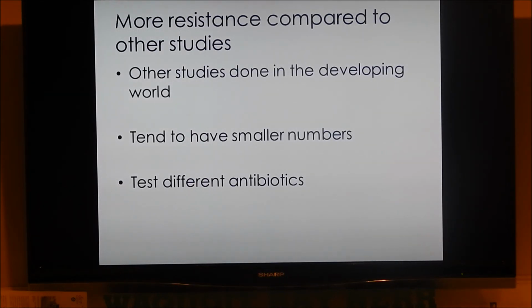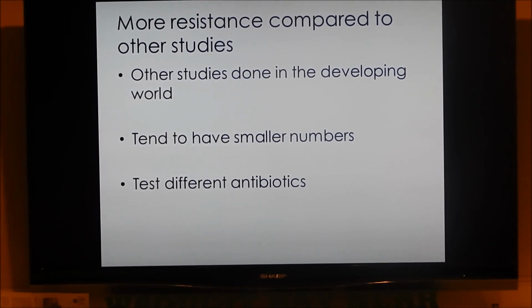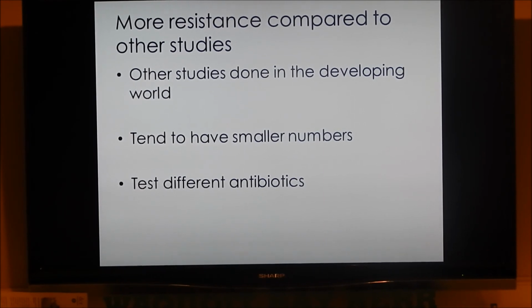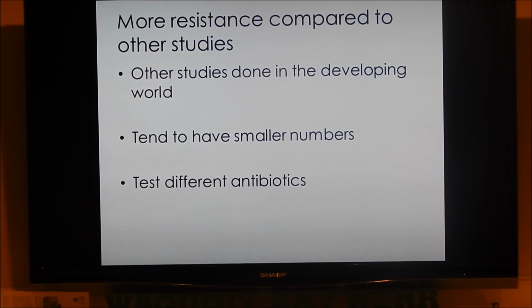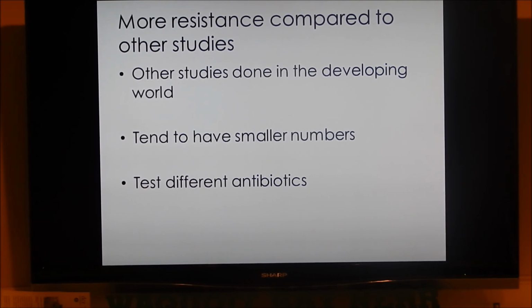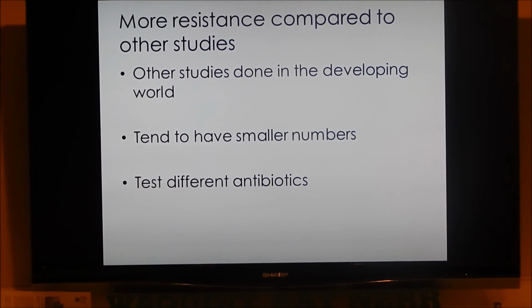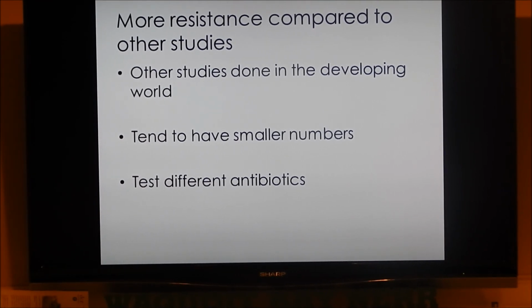So quickly, I wanted to compare the resistance we found in this study to resistance in other studies. So overall, I'm finding more resistance in Vibrios than other studies have, but there are some caveats to that. So one is that other studies are generally done in the developing world, and we would expect that their environments would potentially have different types of Vibrio species than we have here. The studies that I've looked at also have smaller numbers, so they do maybe like 100 samples, and I've done 300 already.